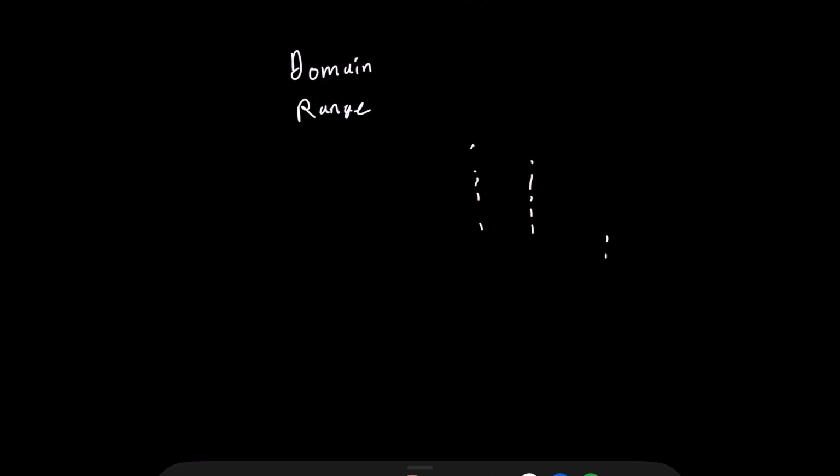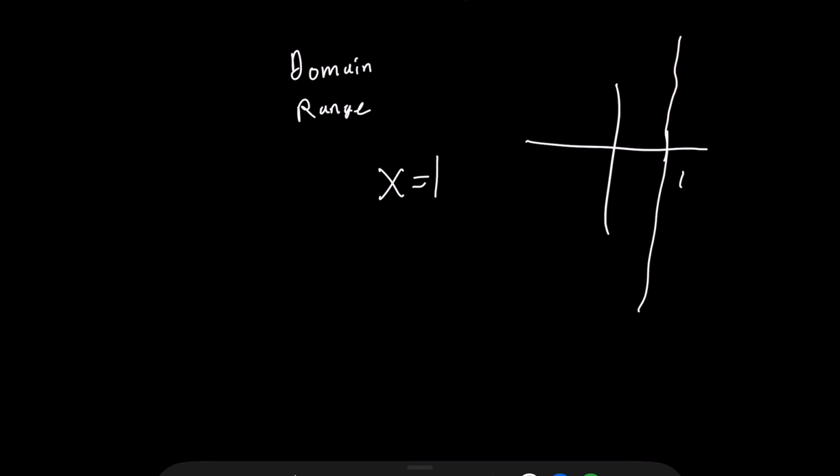However, some things are not functions. So for example, x equals 1. And you'll notice the reason why this is not a function is because for the x value x equals 1, there's an infinite amount of output values.